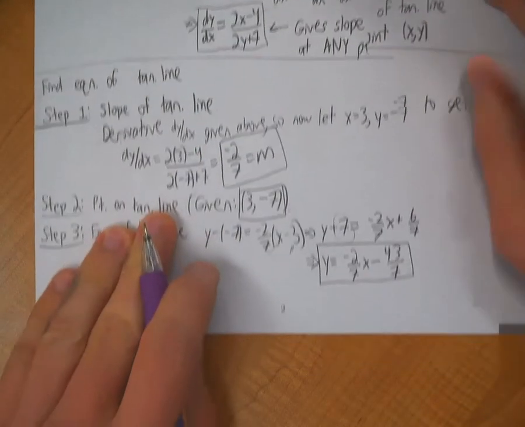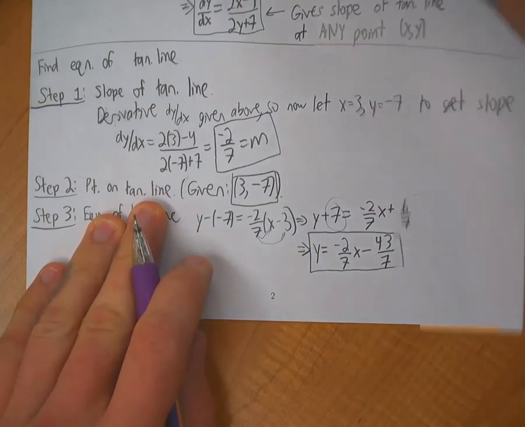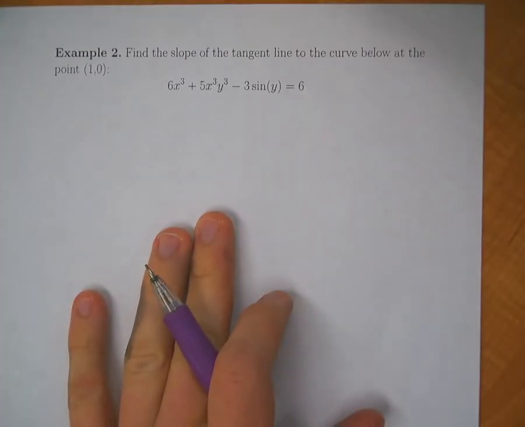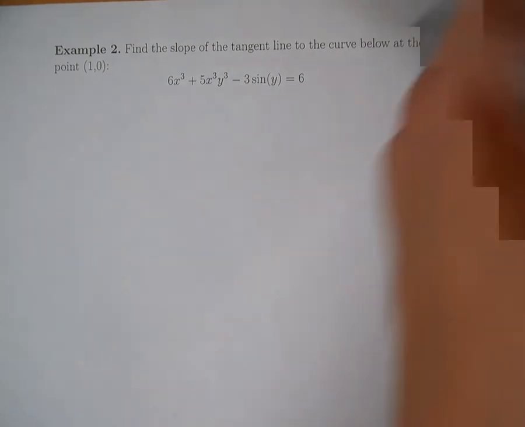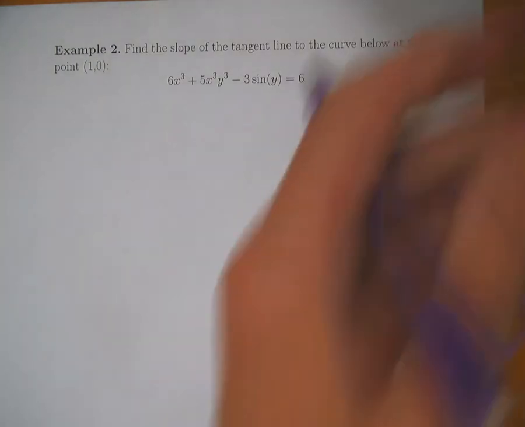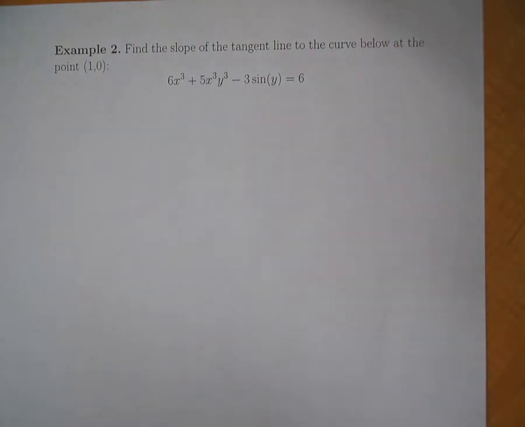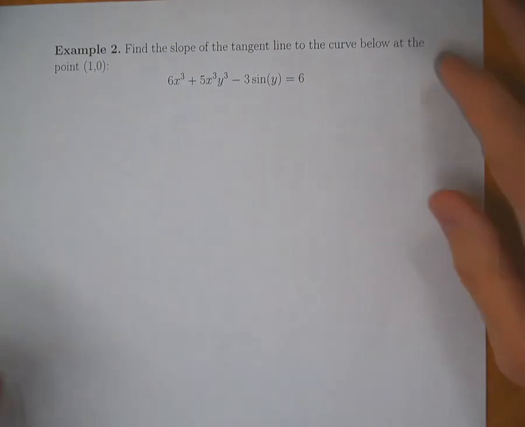Any other questions on any of that? Okay. All right. Example 2 then. So example 2, we have to find the slope of the tangent line to the curve below for the point (1, 0). So here, essentially all we're really doing is just step 1 from the last example.